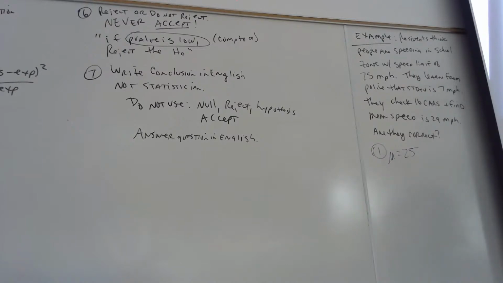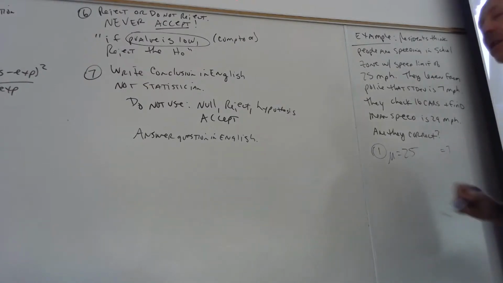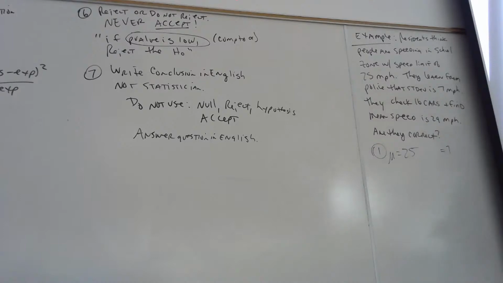Okay? All right, they learned from the police that the standard deviation is 7 miles per hour. Cassidy, what's 7 miles per hour? Standard deviation. And what letter do I use for the standard deviation? Sigma. Okay. They checked 16 cars. Allie, what's 16?